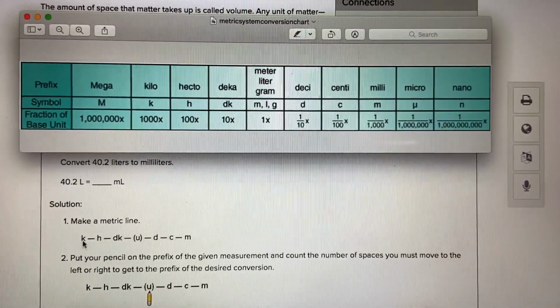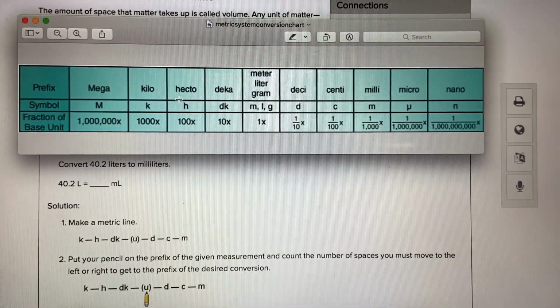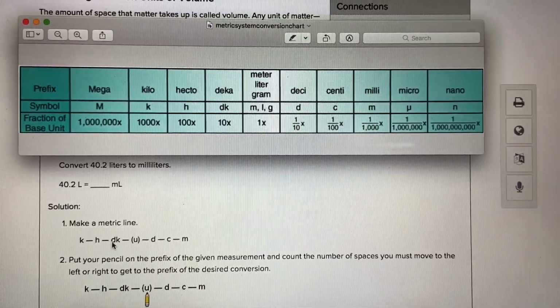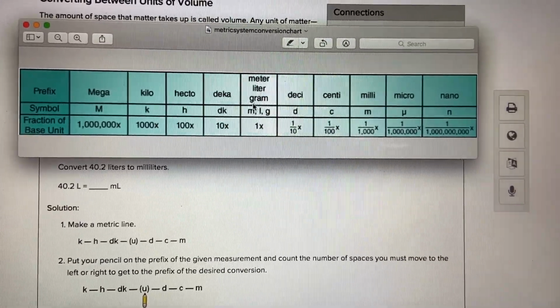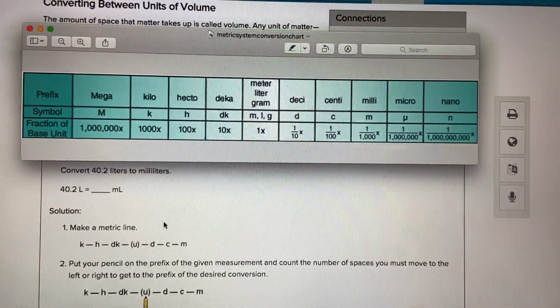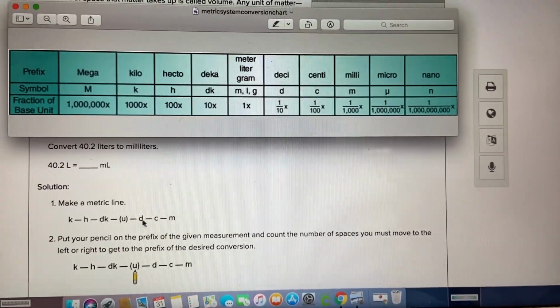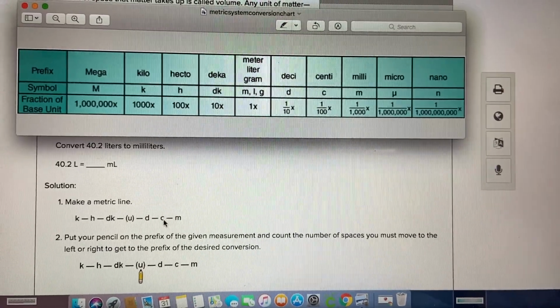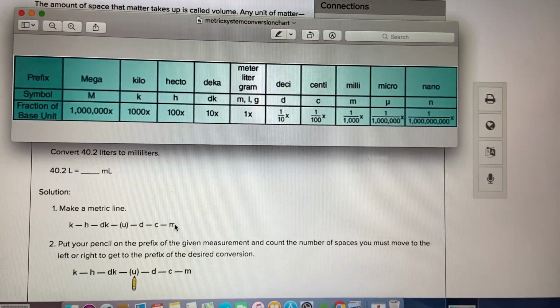You've got kilometer, there's your kilometer right here. Hectometer, got your hectometer right here. You got your decameter, there's your deca. Liter is where you're at, like your base measure. It's the ones place. And then you have decimeter, centimeter, or in this case, deciliter, centiliter, and milliliter, okay?